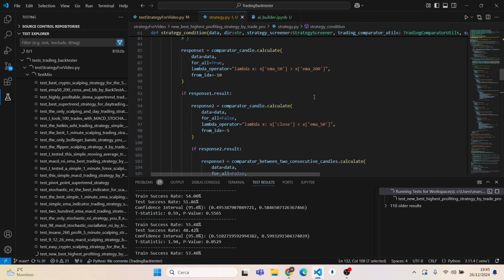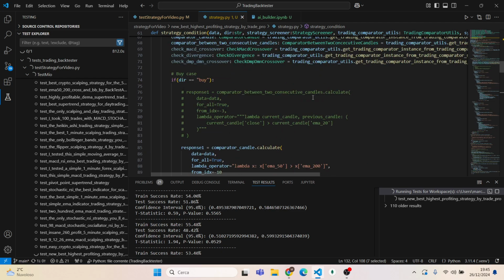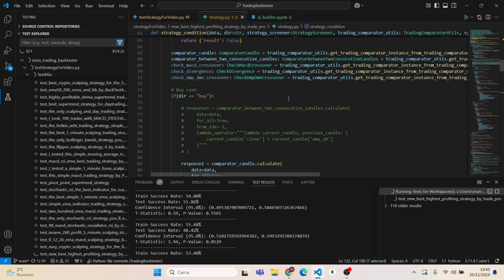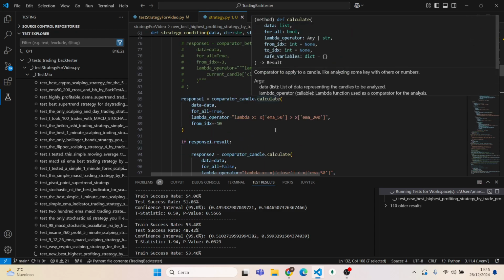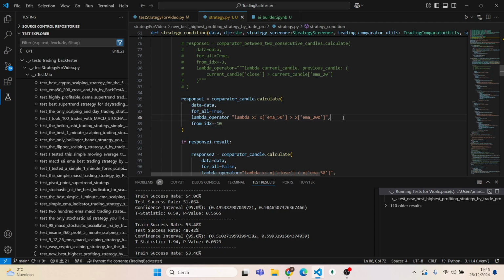For the purpose of the video, I will always show you all the code I wrote to backtest it. So here I'm checking for EMA 50 above EMA 200. It must be EMA 50 above EMA 200 in the last 10 candles. All of them must respect this condition.